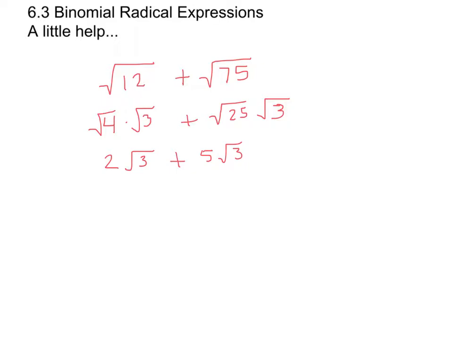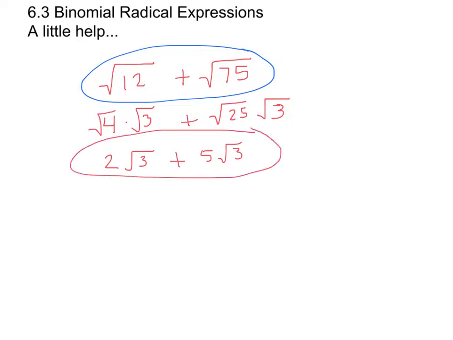When the expression wasn't in its most simple terms, it was more difficult to see that the expression could be further simplified. But once we put the expression in simplified terms, it's easier to see that we can combine these terms because they have the same index and the same radicand.